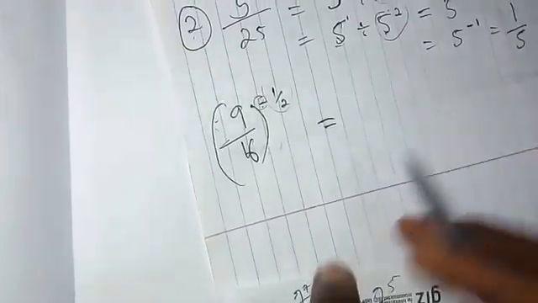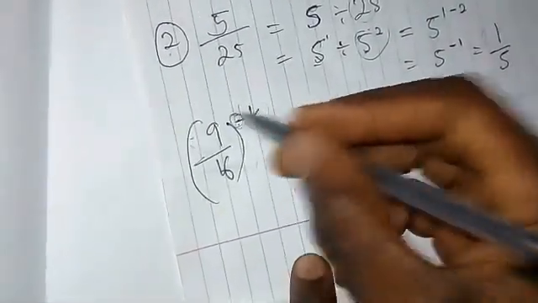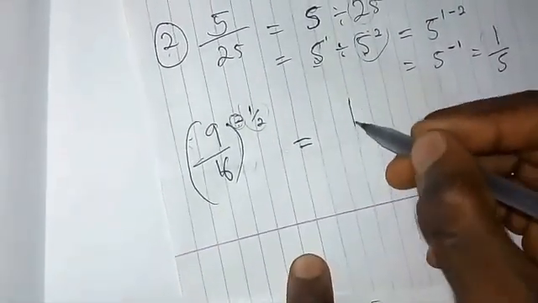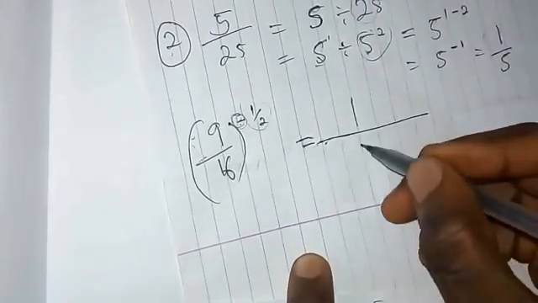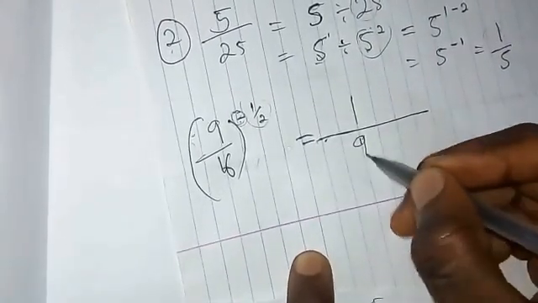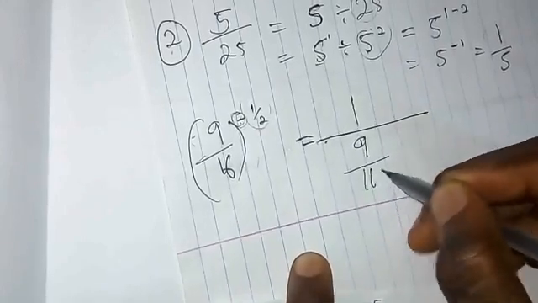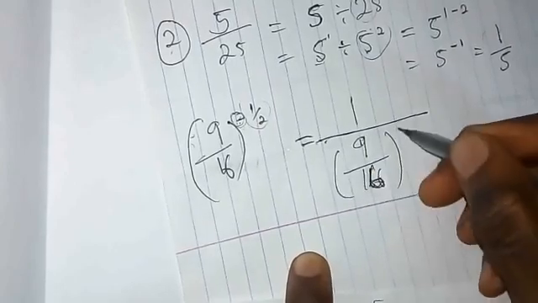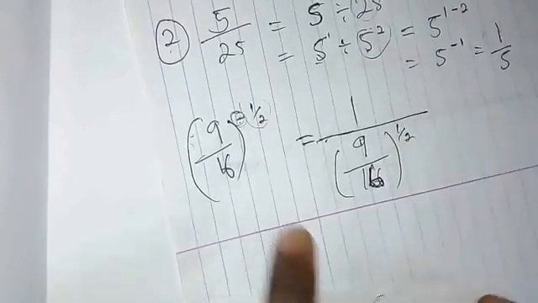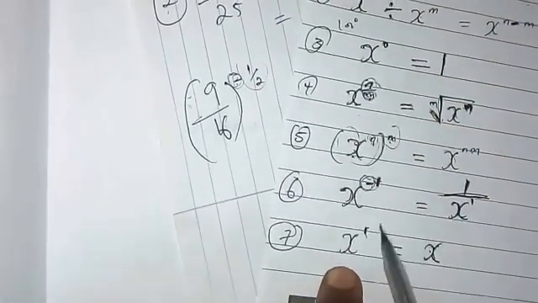Just simply bring out your negative first, like 1 over the main division, 9 over 16, all raised to the power of half, according to this law here.